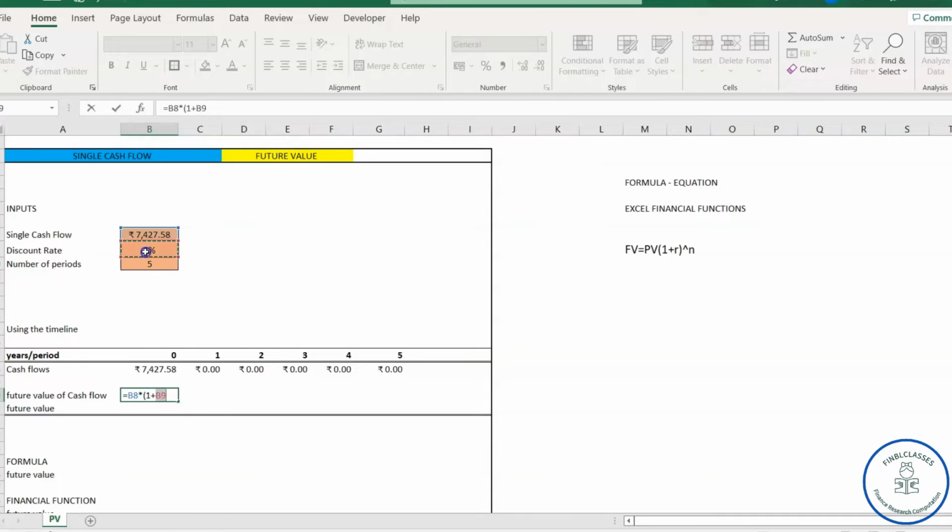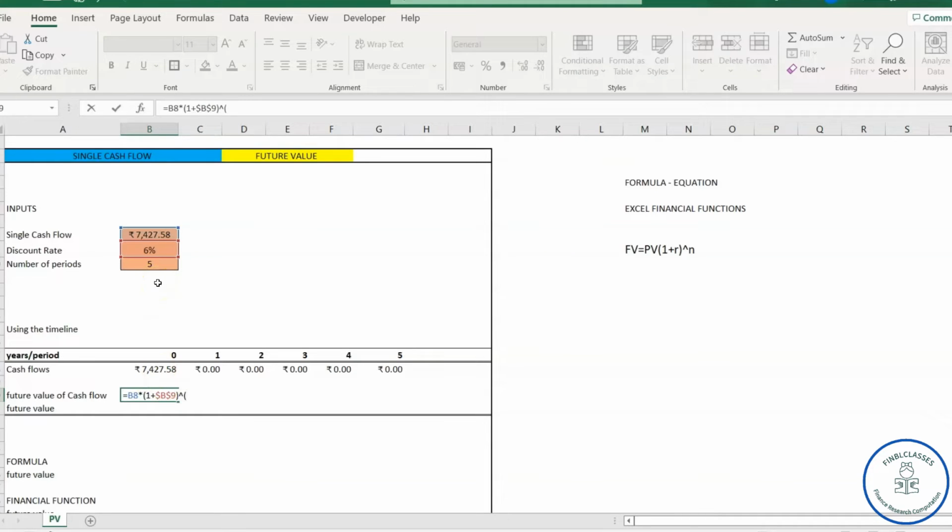We select the rate of return at cell B9, and ensure that you lock the cell with function key F4, so the dollar sign before the column and before the row are both locked. Then close the bracket, then divided by, and here you have to select the number of periods.